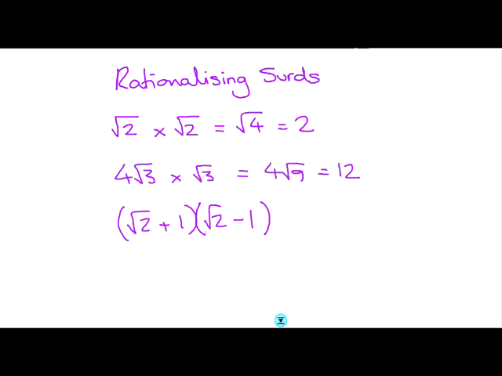It kind of plays on the difference between two squares, because when we expand this, we get 2, then we'd have a minus root 2 and a positive root 2, which therefore would cancel each other out, and minus 1, which would give us 1. So if we multiply by its conjugate, we get 1.